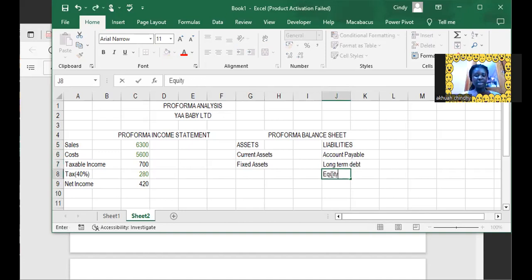And then don't forget that the question asked what external financing need we are supposed to get to support our 40% growth in sales. So it means there will be an external financing need here. So you write that one too, external financing need.